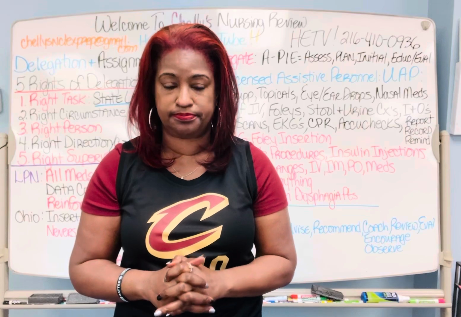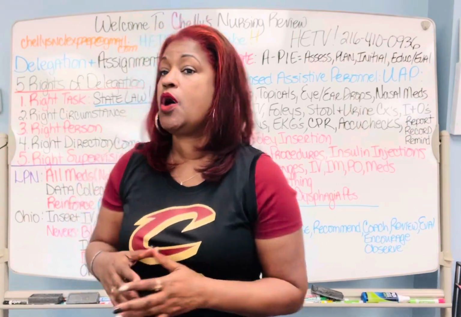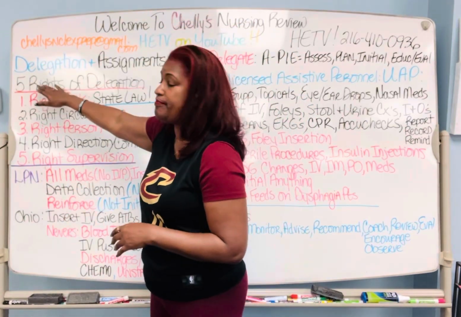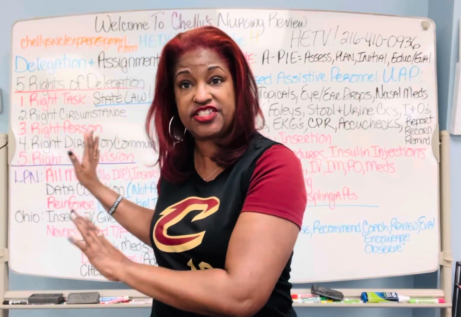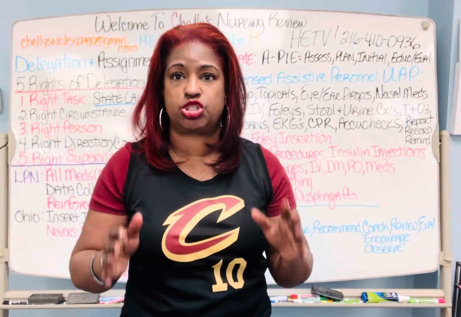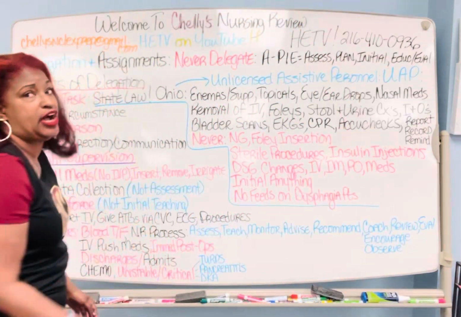Now, when we start thinking about delegation and assignments, we are thinking first about the 5 rights of delegation. It doesn't matter where you are and who you are, this is what we go by to make sure we're delegating appropriately. So what are the 5 rights of delegation? Because it just sounds like it would be like a select all, you know how that is.